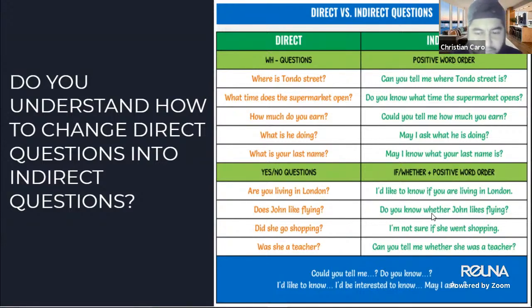Okay. So it's normally like an implicit idea that there are two options, yes and no. So you may end the question saying, do you know whether John likes flying or not?